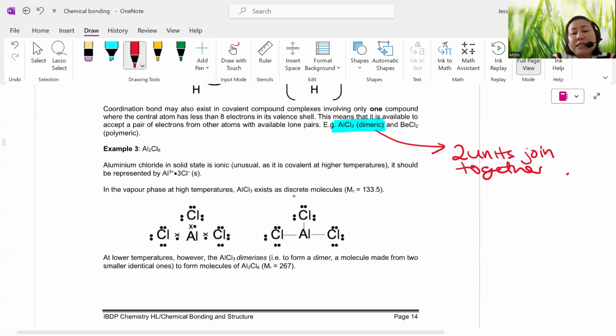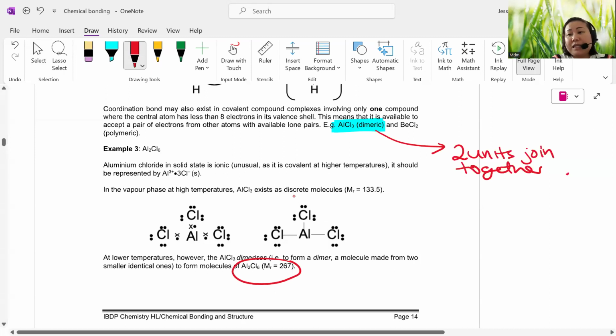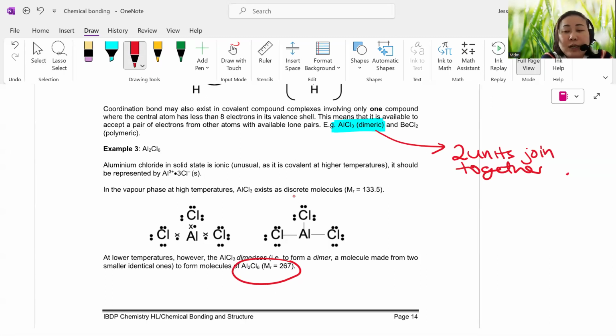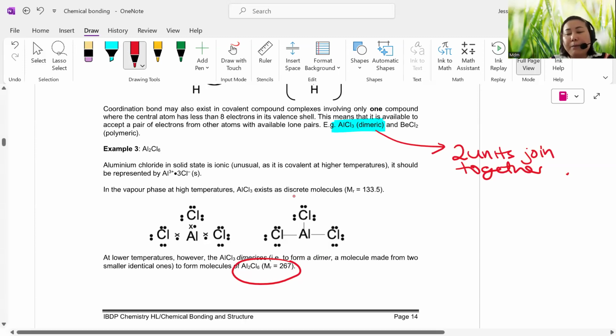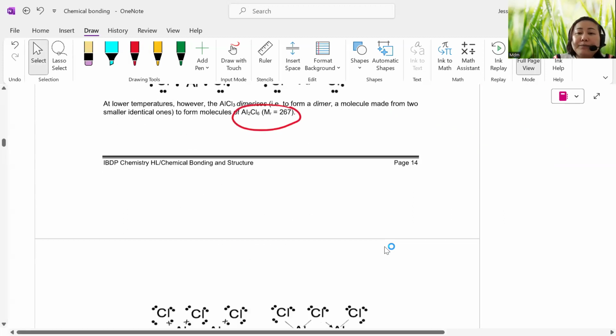Okay, and to explain why the Mr appears to be doubled, the only reason that we can propose is that it actually forms a dimer, which means that 2 units of AlCl3 actually join together to form Al2Cl6, and therefore the measured Mr appears to be double of the AlCl3.